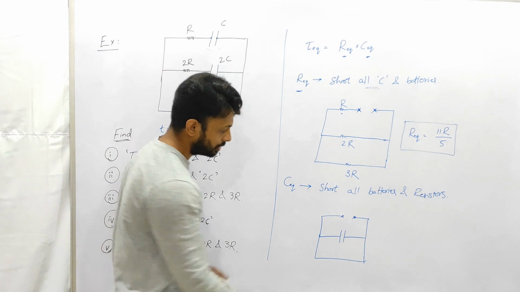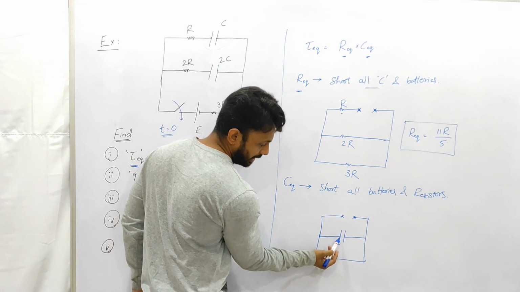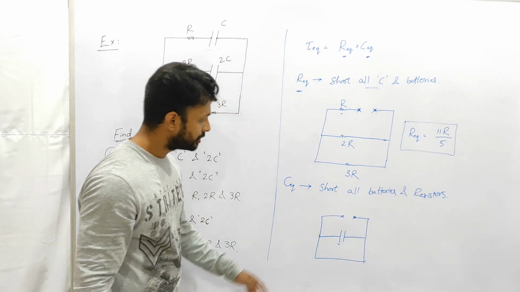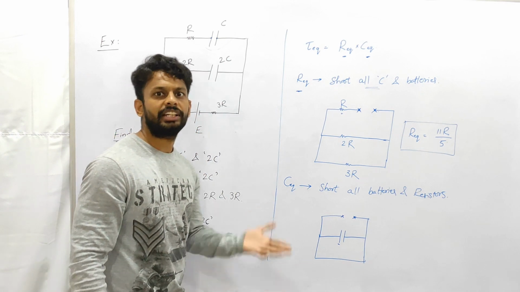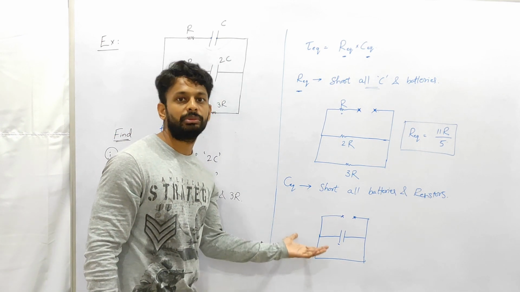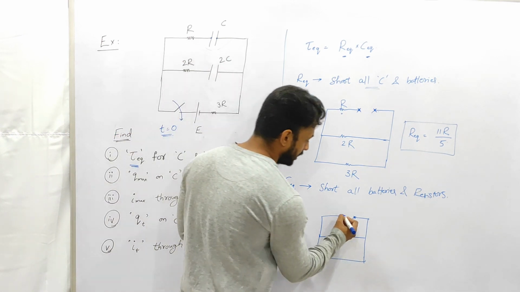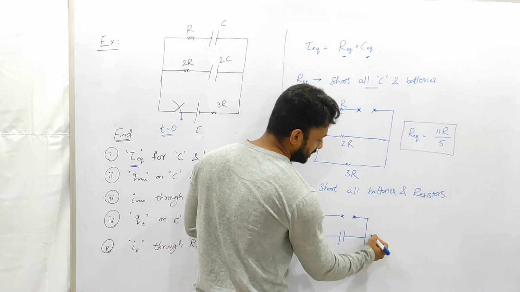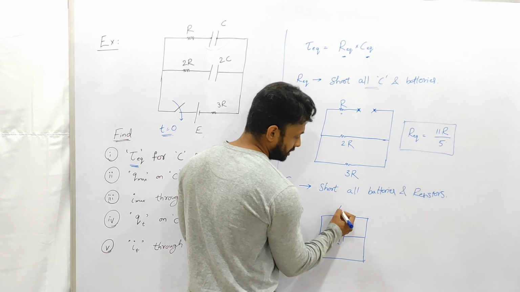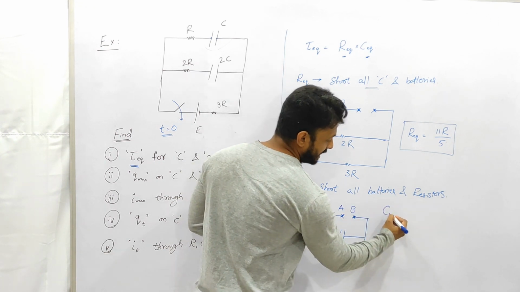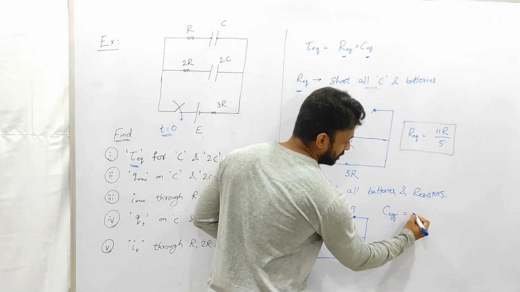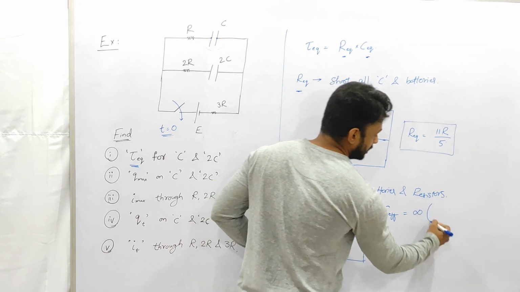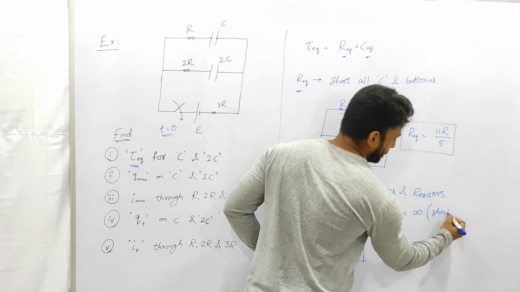Infinite, because only one capacitor is there and that is also short circuited. So the C effective is infinite, nothing but a wire. Let's call these terminals AB. C effective across AB is equal to infinite, nothing but a shorted wire.